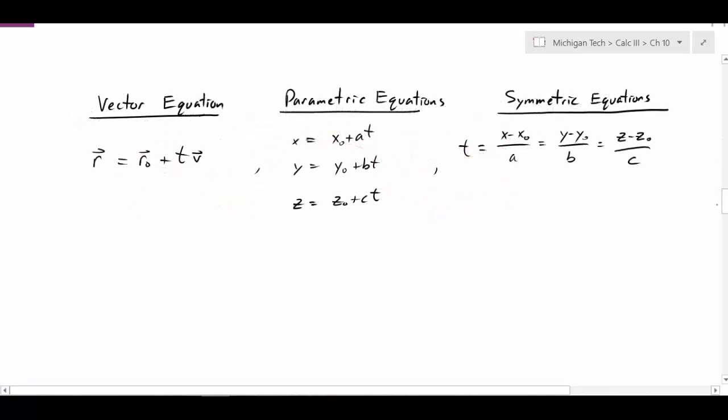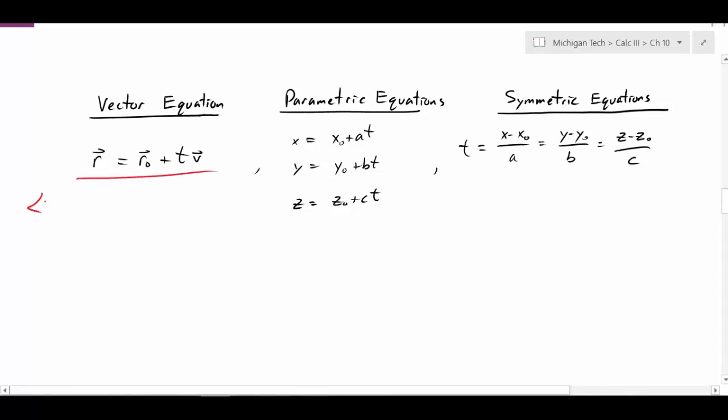So we have 3 different representations. We have the vector equation that we looked at. We're also going to talk about a parametric set of equations and symmetric equations. And what I want to stress here is these aren't 3 sets of representations for lines that we have to memorize, but just little algebraic manipulations that bring us from one to the next. So, for instance, we know our vector equation.